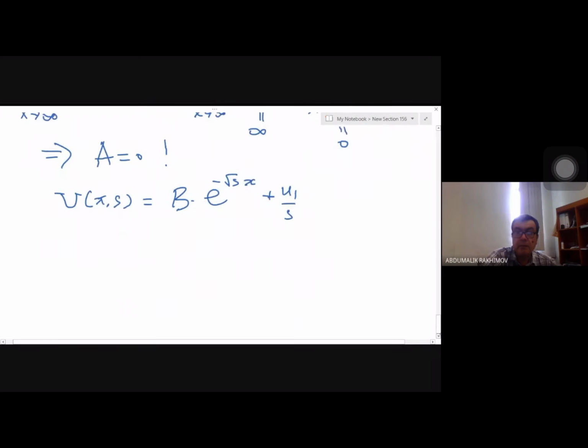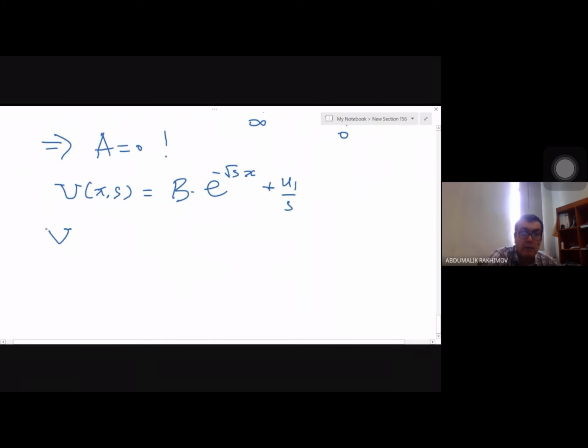This is equal to b plus u1 over s, because when x equals 0 the exponential is 1, and it must equal u0 over s. So from this I can find b. b is equal to u0 minus u1 over s.